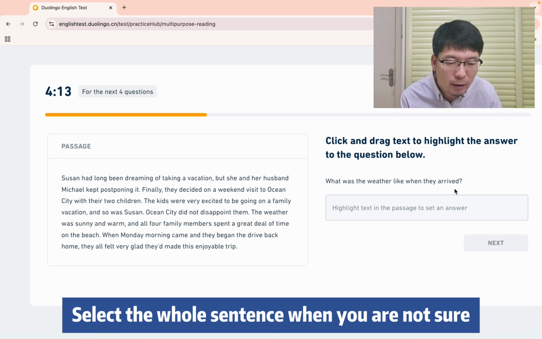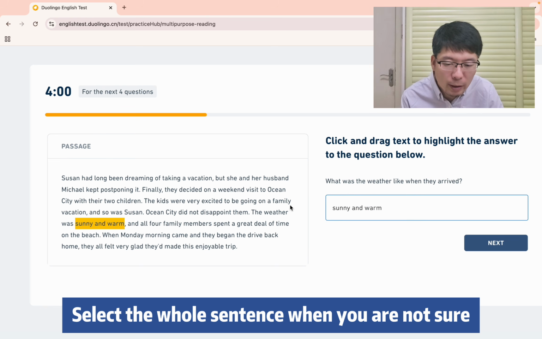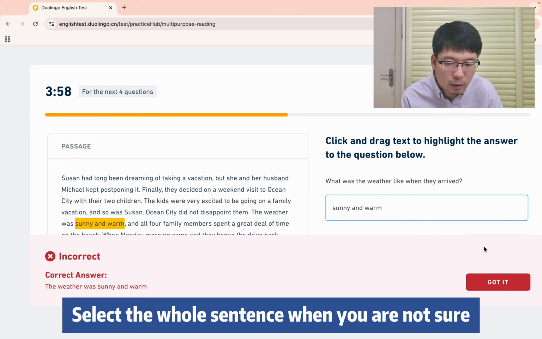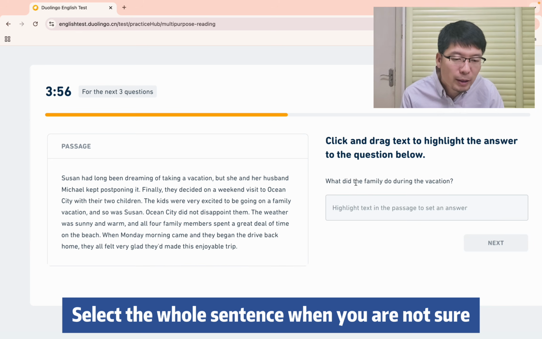The weather was sunny and warm. So you can just choose sunny and warm, or the whole sentence. In this case, the whole sentence is better. What did the family do during the vacation?